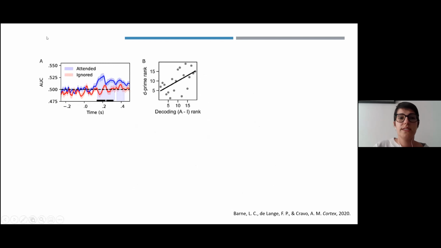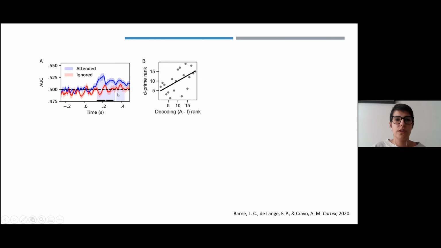So here we see the decoding of the orientation of the Gabor patch only for the standard stimuli. And those standard stimuli could happen in an attended ear field or in an ignored ear field. And you see that we can only decode the orientation when those stimuli were presented in an attended ear field.